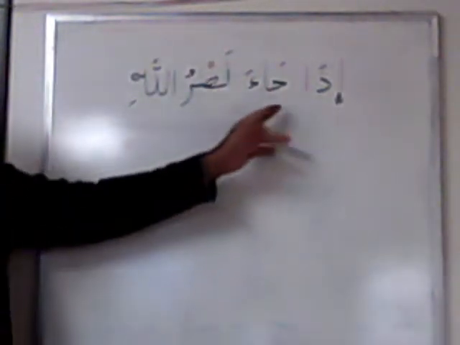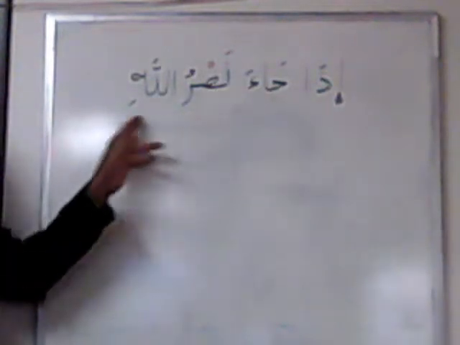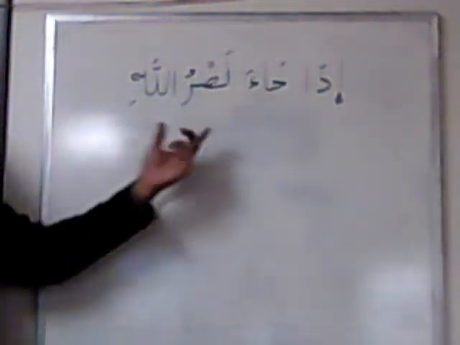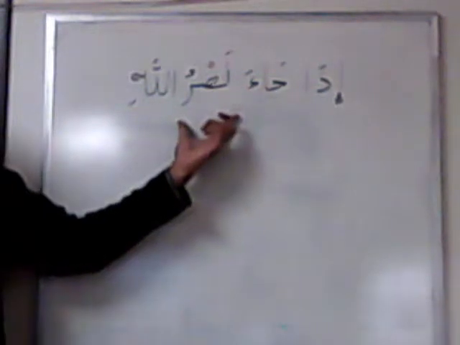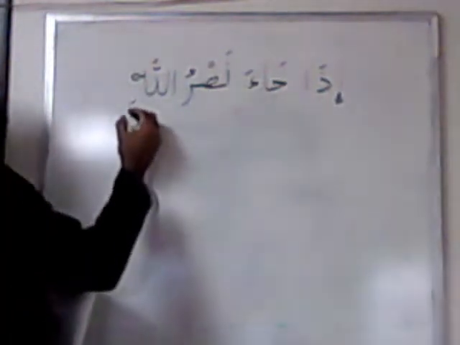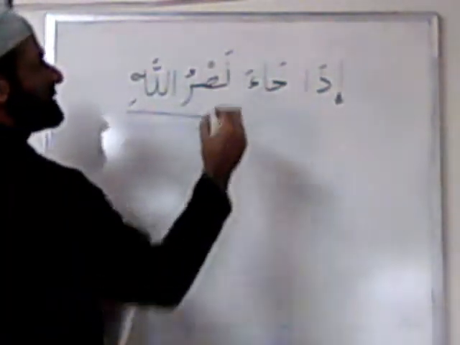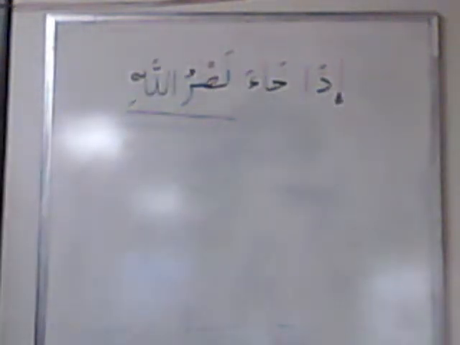So idha ja'a, when comes Nasrullahi. Nasr in Arabic means help, and Allah we already know is a reference to God. So Nasrullahi is your mudaf ilayhi construction, where Nasru is your mudaf, the possessed, and Allahi is your possessor, the one who possesses the help.